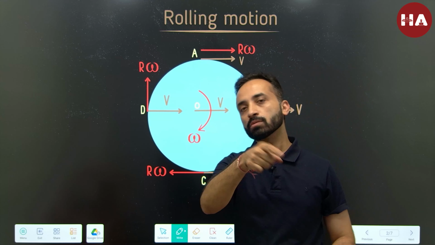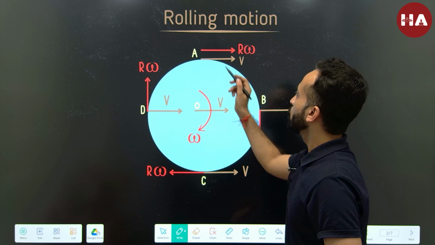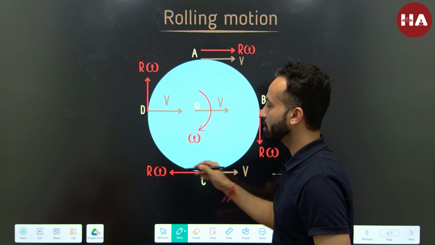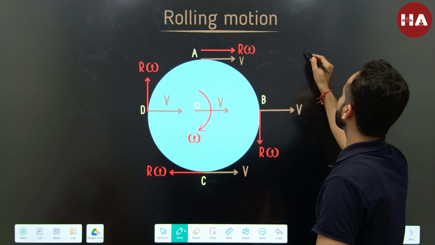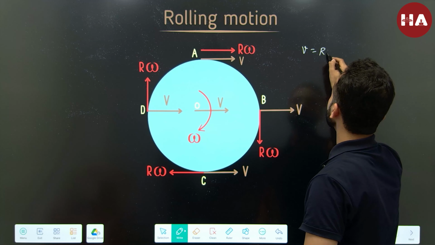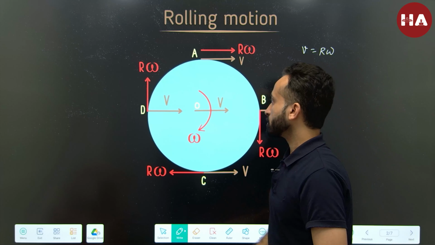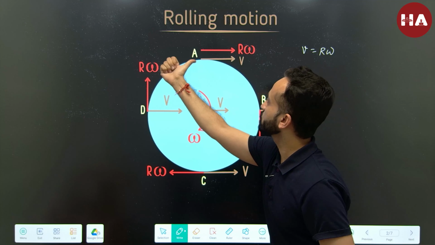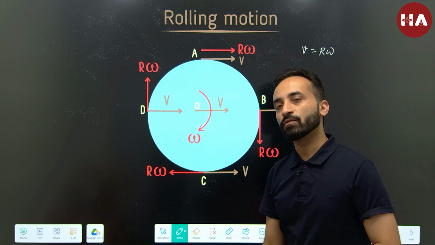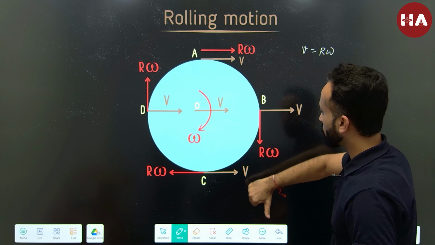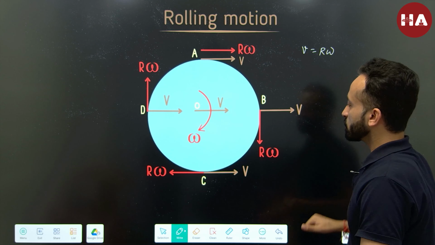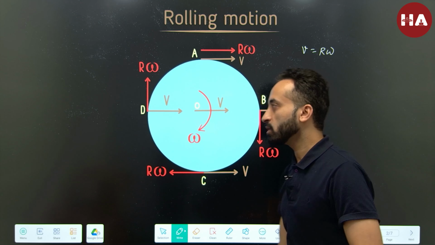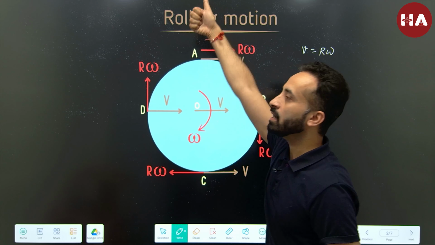As you know, because of the angular velocity, all these points will have a linear velocity which is simply governed by v = r omega. Alright, so this is r omega. Now look at the sense. This will acquire this velocity forward, this point will acquire r omega downwards, this will acquire r omega backwards and this will acquire r omega upwards.